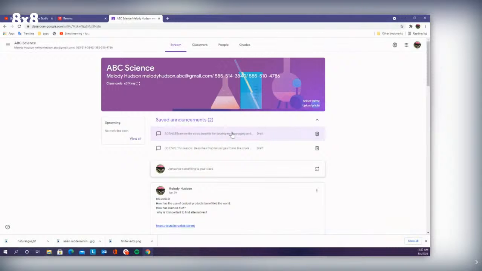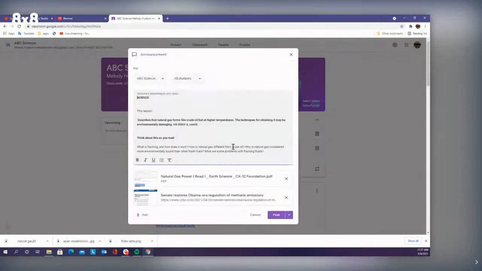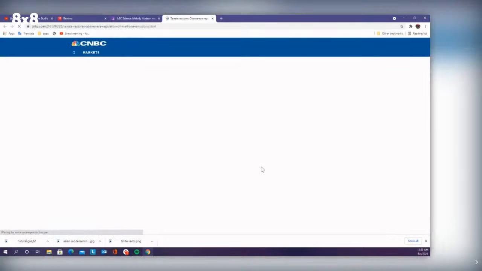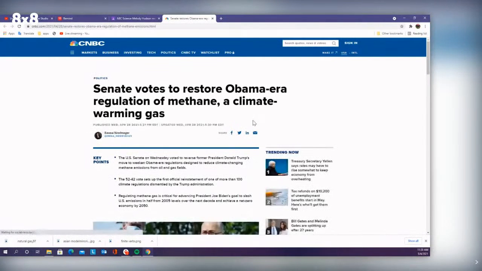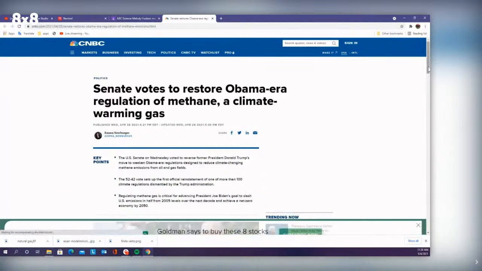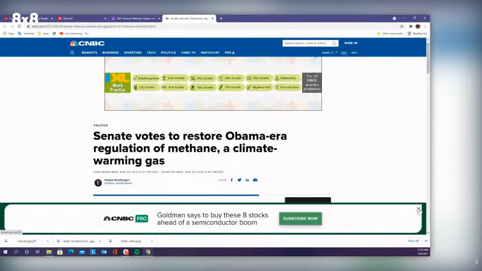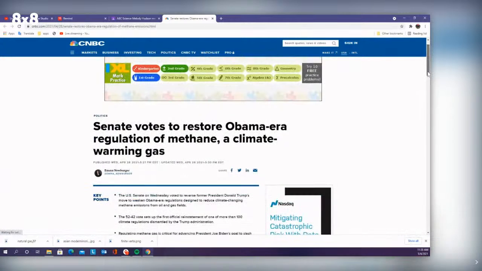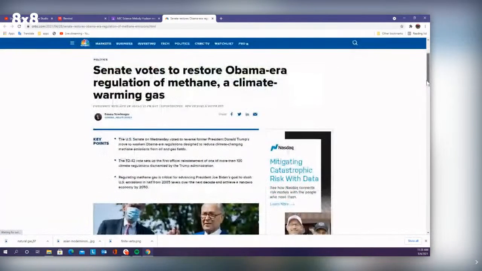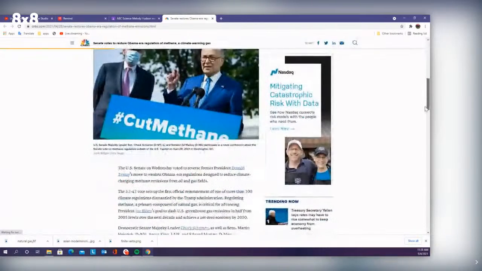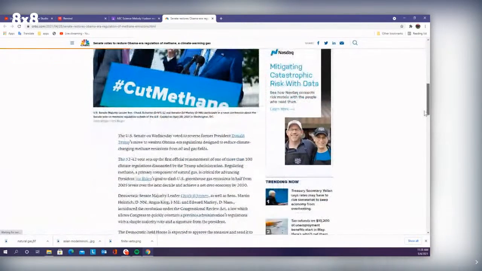I have attached an article, and this is optional, talking about the regulation of methane, which is a byproduct of natural oil. That is one of the gases that cause problems in our climate change.